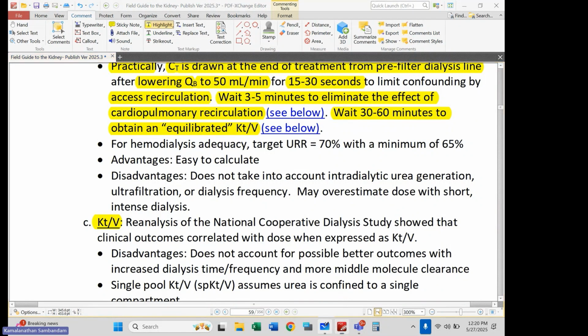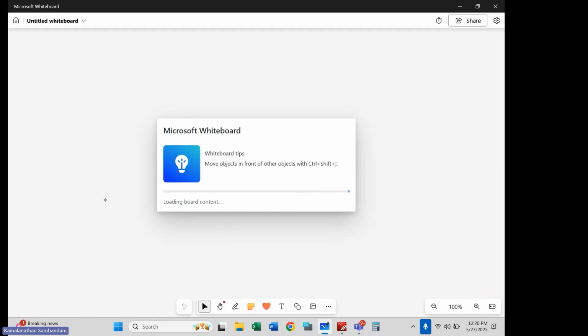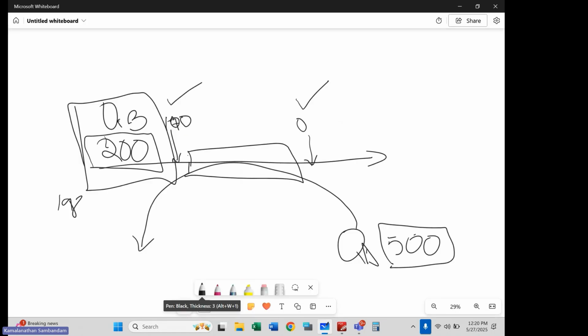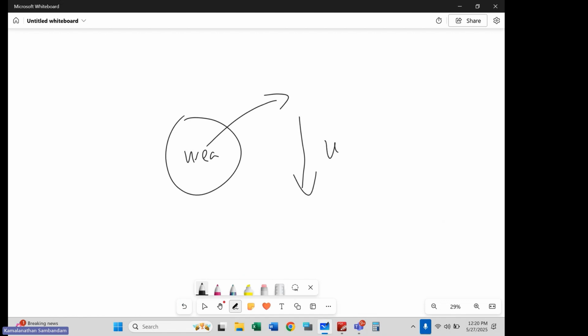The rebound results from the shift of urea from the intracellular space to the extracellular space. So that urea concentration equilibrates in that first hour because with dialysis, you lower urea concentrations more quickly than urea can diffuse outside of the cell, okay?